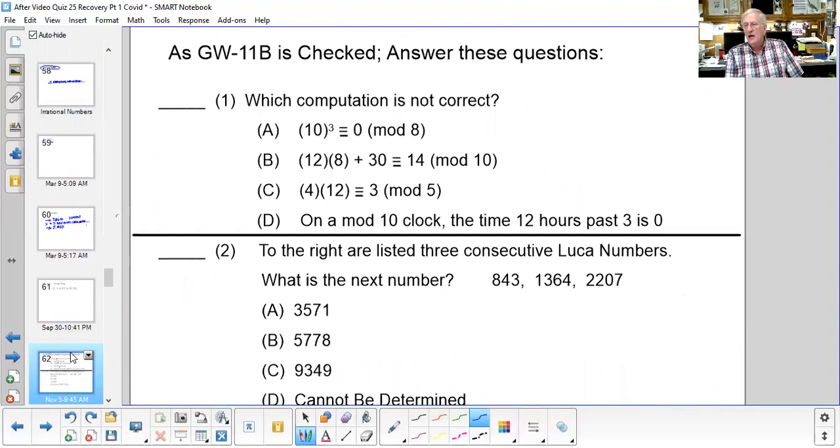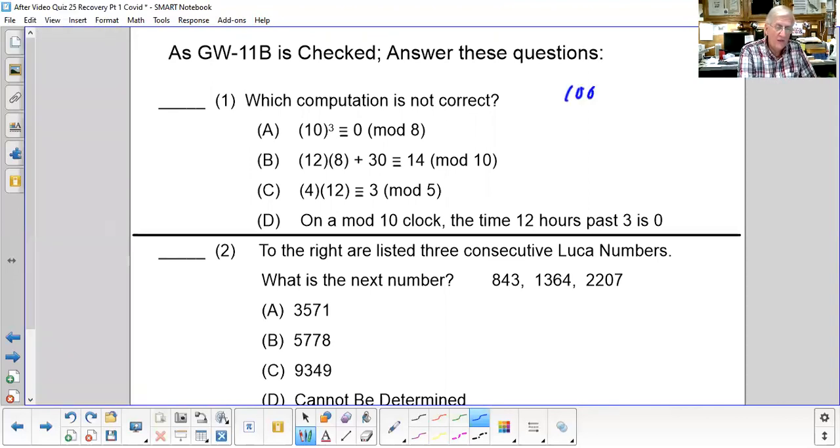All right. Which computation shown of A, B, C, and D is not correct? Well, 10 to the third, worked out on the left, is 1,000, right? What is 1,000 in mod 8?